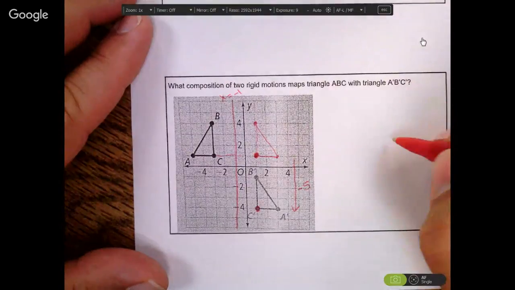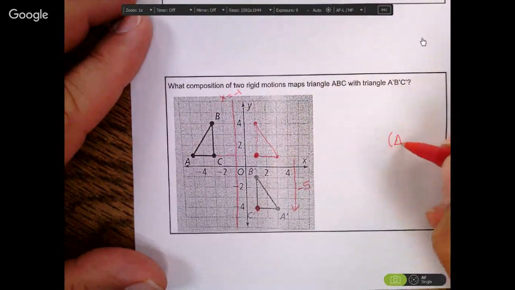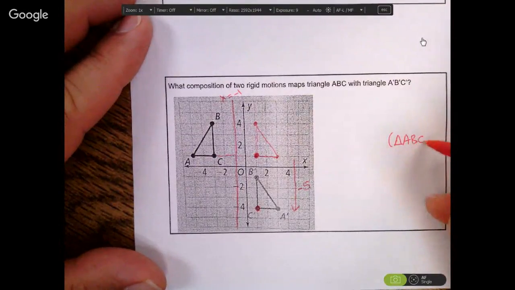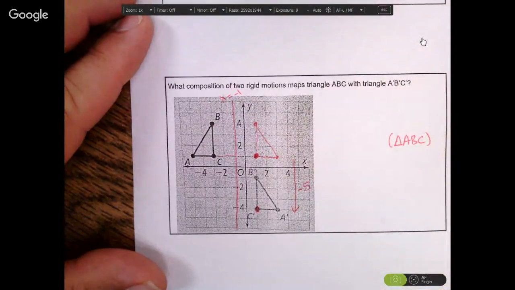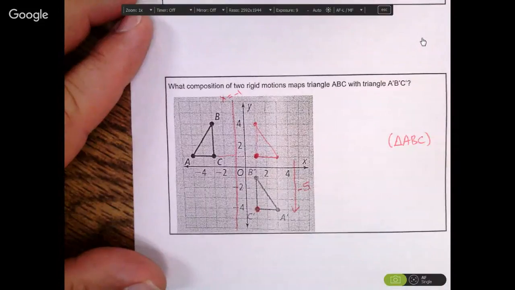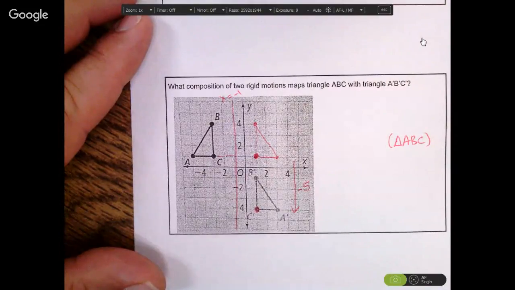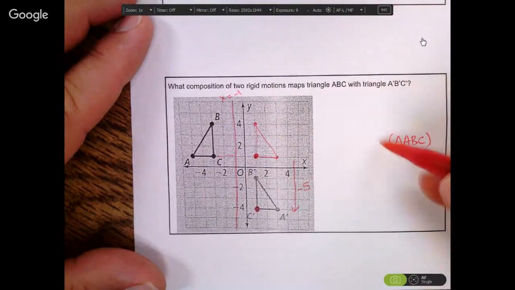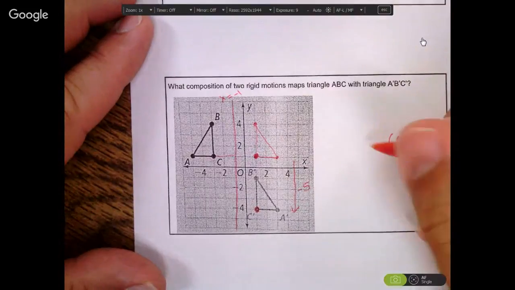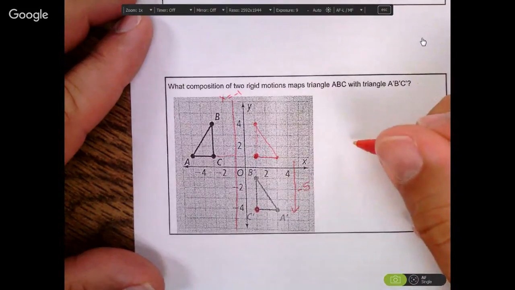So first off, I'm doing it to triangle ABC. And remember, we work backwards, guys. I'm not going to have patience for this today. So we're going to work backwards. What we did first is going to go here. Reflect. What symbol do we use for reflection?